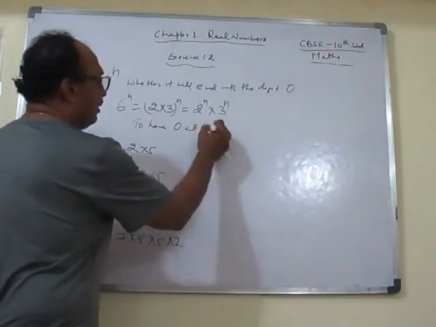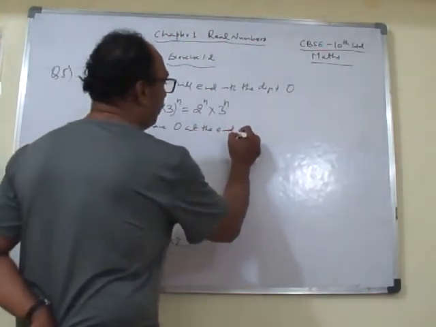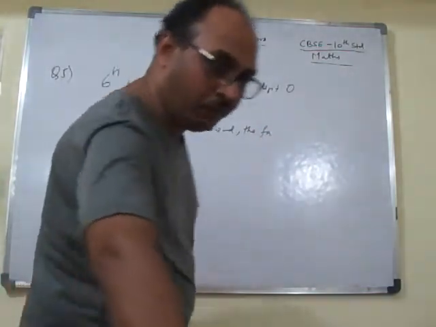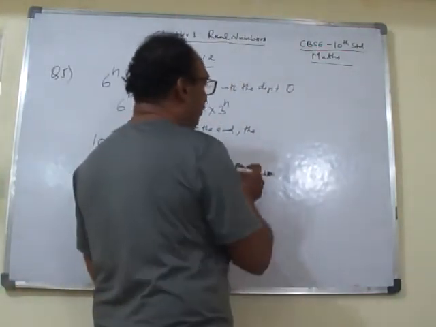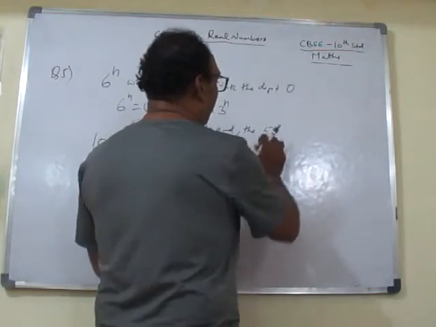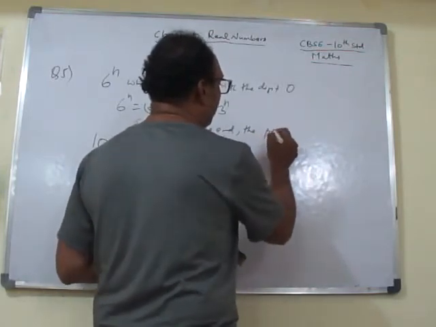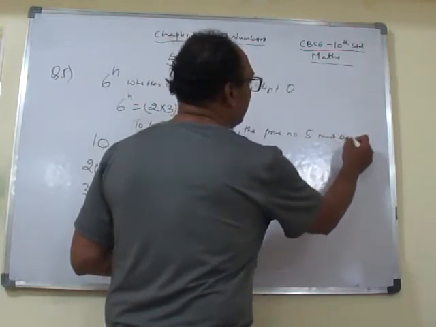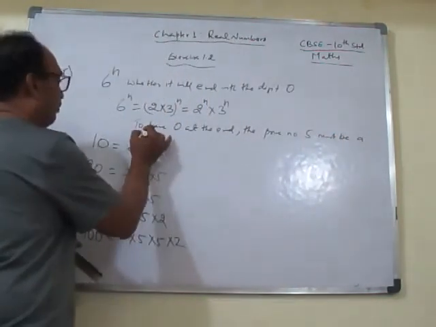So, to have 0 at the end, the prime number 5 must be a factor.